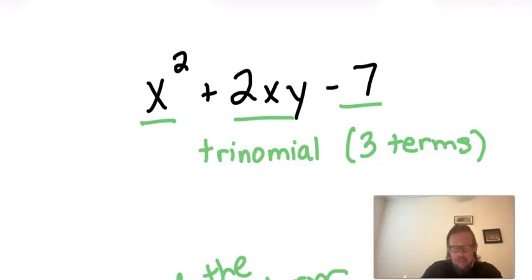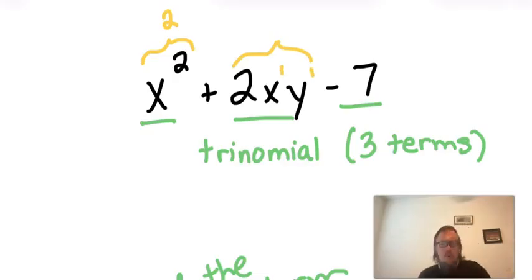And so let's see if we can figure out the degree here. The first one has an exponent of 2, so our first term, that x squared, is a degree 2. This second term is also a degree 2. We've got x to the first power and y to the first power, so our total of our exponents is 2.